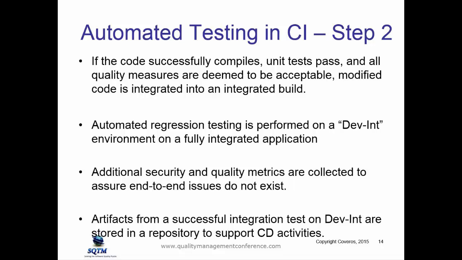There's also additional security and quality metrics that can be collected at the DevInt level to really assure end-to-end issues do not exist. So for instance, at the unit level, you can tell whether a particular variable is dead in a line of code as per that unit.